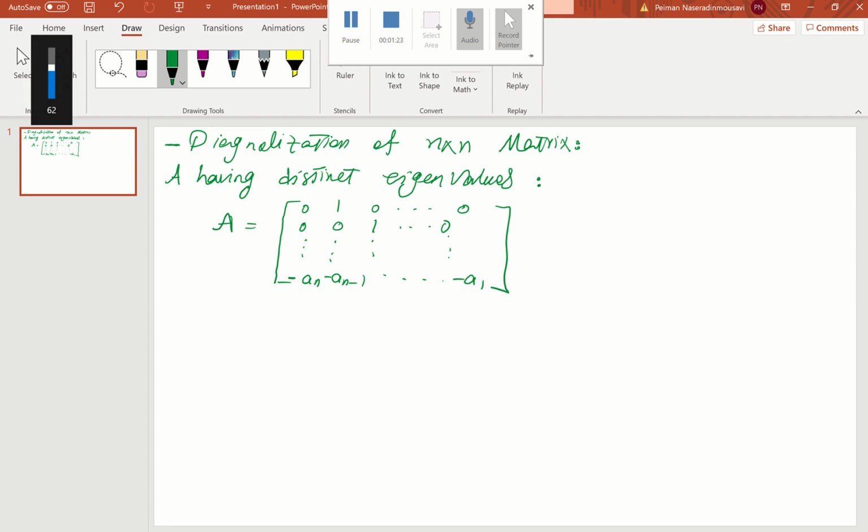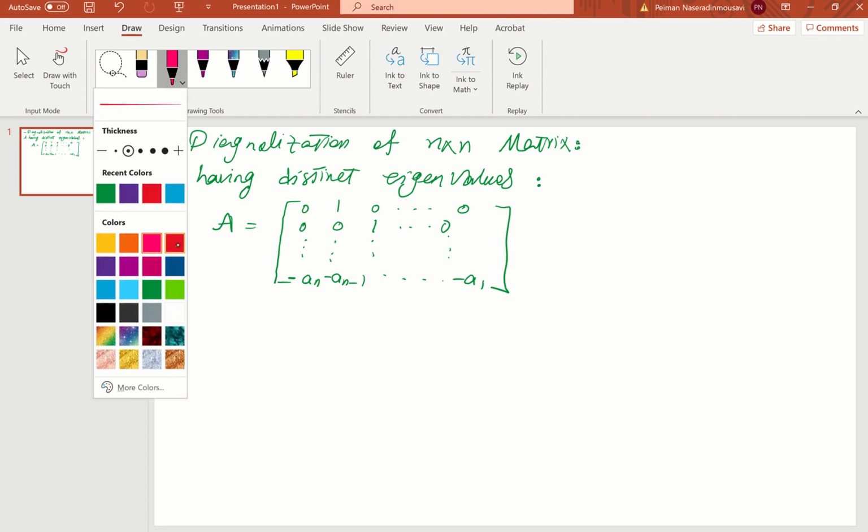So if we can make it a diagonal matrix, how? By this transformation matrix.